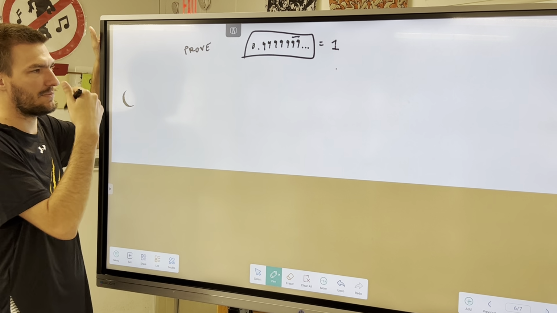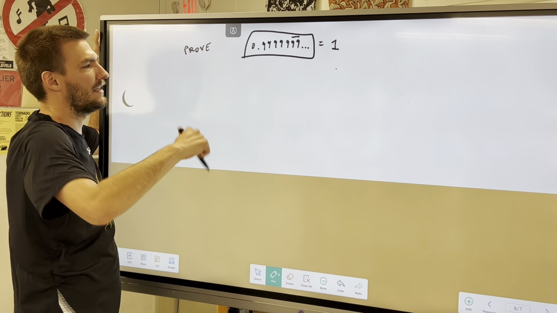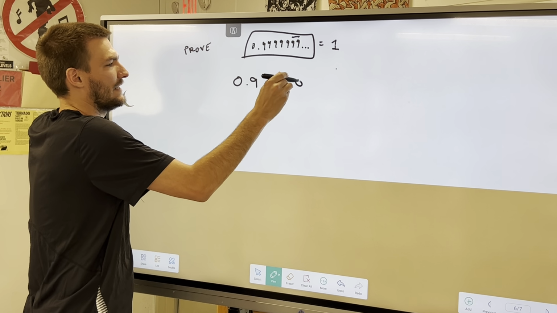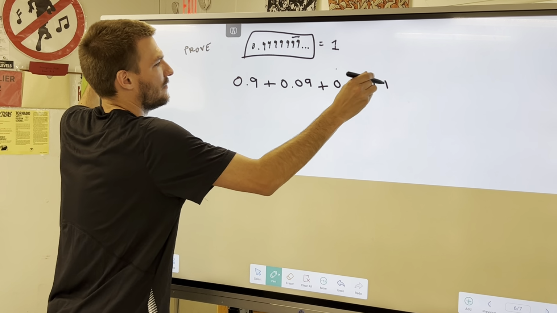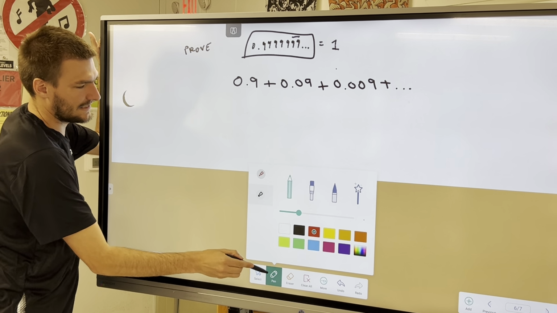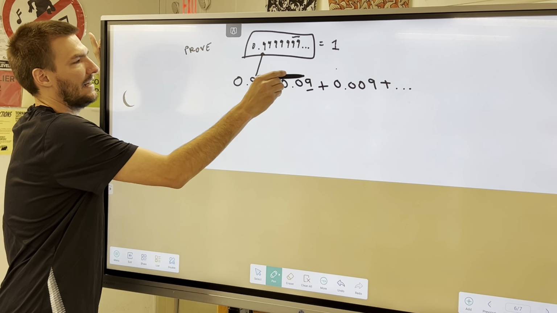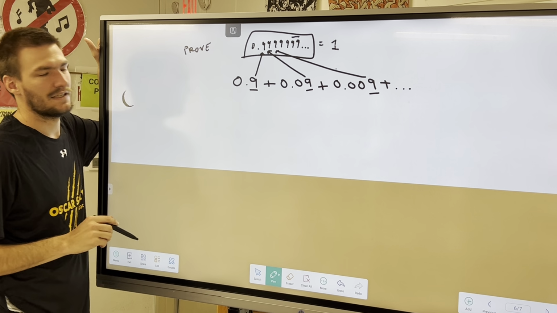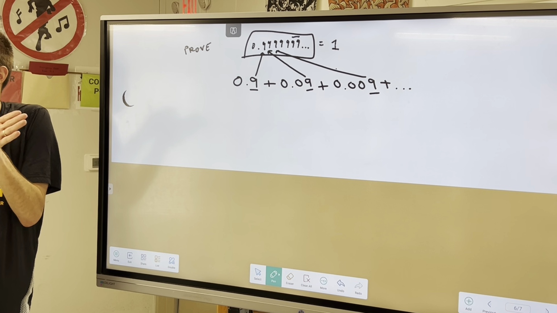So when you look at this, make sure you've got your brain turned on here. 0.9 with a million nines is the same thing as 0.9 plus 0.09 plus 0.009 plus... What this is, that's the 9 that goes in the first place, and that's the 9 that goes in the second place, and that's the 9 that goes in the third place.